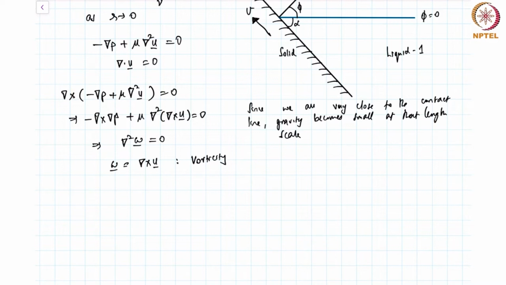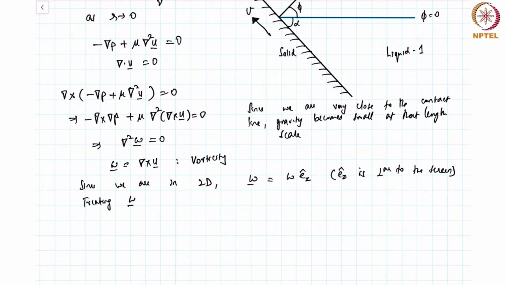Now since we are in 2 dimensions, omega is nothing but omega times Ez, where Ez is perpendicular to the screen, to our view. So it's practically a scalar. Treating omega as a scalar, because there's only one component of omega that is non-zero, we simply have del square of omega equal to 0.